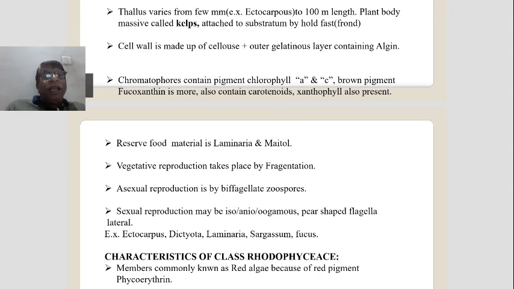In addition to these, they also contain carotenoids, orange color pigment, and xanthophyll, yellow pigment.